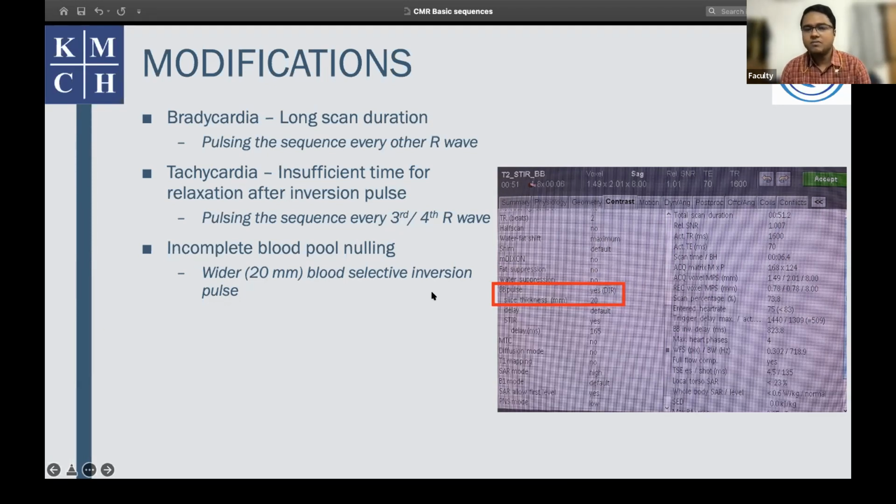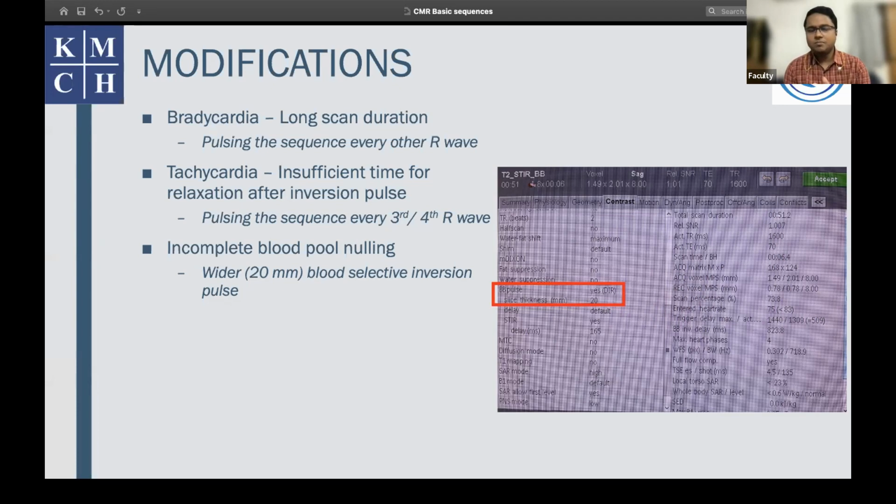So a wider blood selective inversion pulse produces a more robust blood pool nulling compared to a slice thickness that is similar to the imaging plane. So always, if you are planning to increase the imaging slice thickness, then you will have to increase the slice selective 180 degree pulse thickness also, so that it produces a very good nulling of the blood.